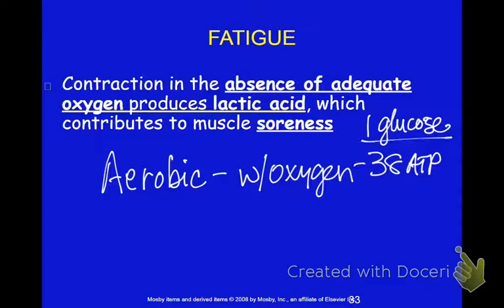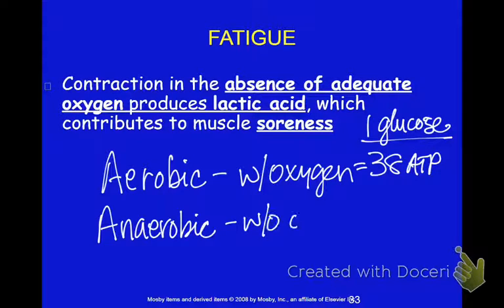One glucose equals 38 ATP. Anaerobic respiration is the type of respiration without oxygen, and one glucose only gives us 2 ATP. That's not enough. So once we switch from aerobic into anaerobic respiration and lactic acid starts to build up, our muscles are going to poop out.